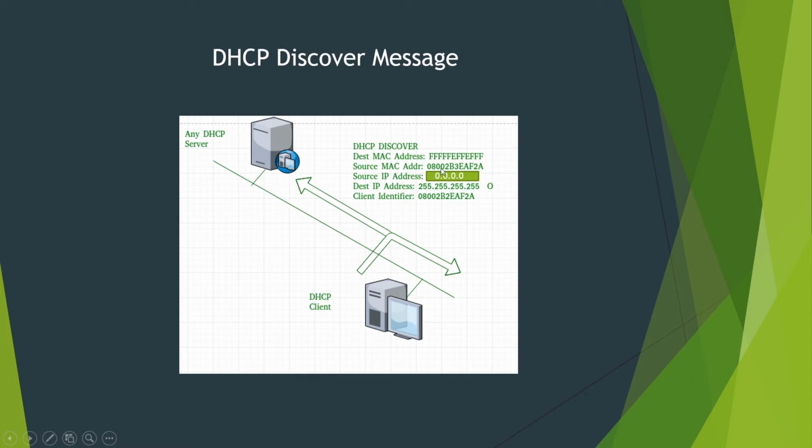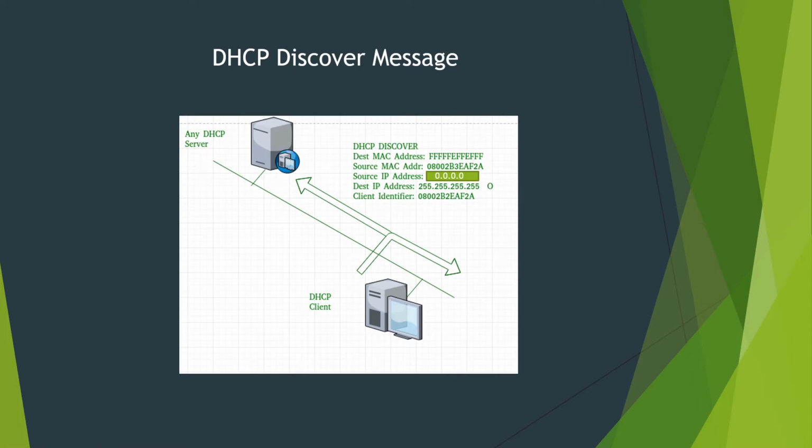The source MAC address is my computer's MAC address, and the source IP address is 0.0.0.0 because I don't have any. This photo is taken from GeeksforGeeks, and it has some mistake in here. The source IP address is given incorrectly, but it's 0.0.0.0. That's why I have overwritten it and written 0.0.0.0.